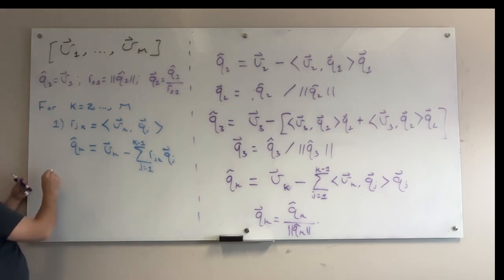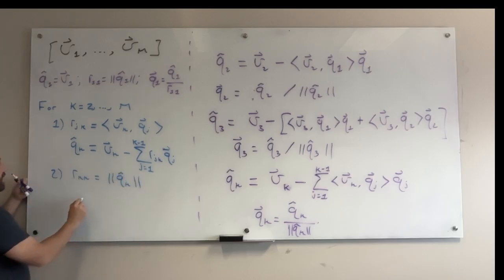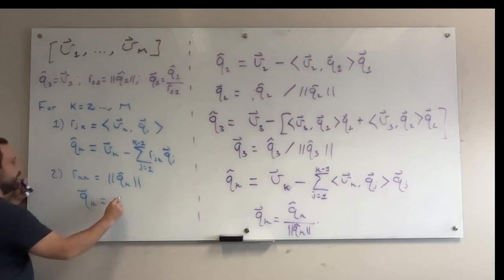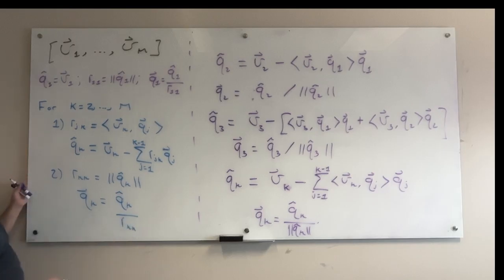And then second, rkk is equal to the magnitude of qk hat, and as you probably guessed, qk is going to be equal to qk hat divided by rkk. Anytime we're dividing, we have to worry about whether or not this can be 0. As long as the vectors v1 through vm are linearly independent, this is never going to be equal to 0.